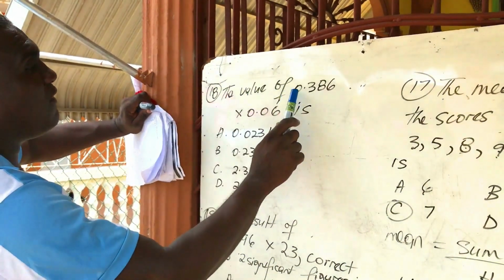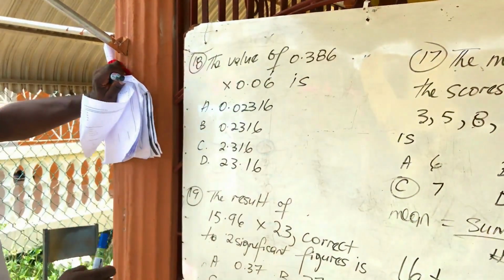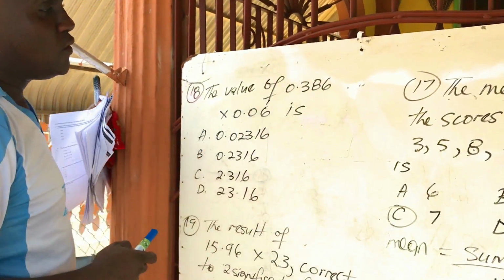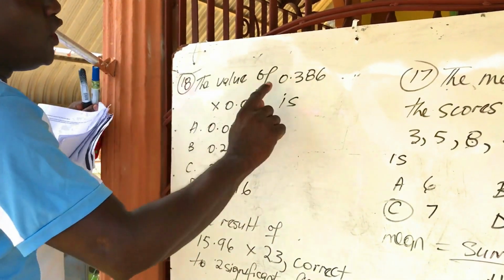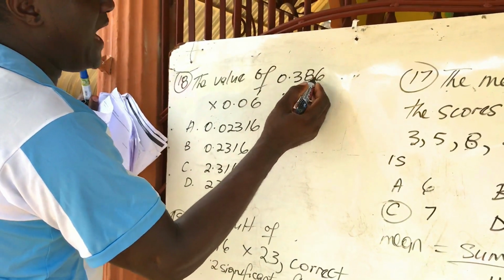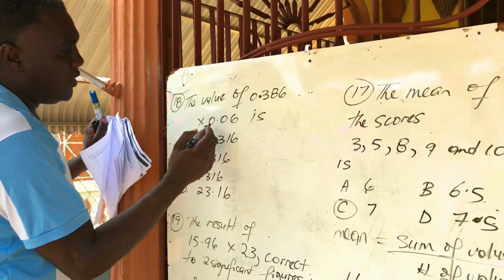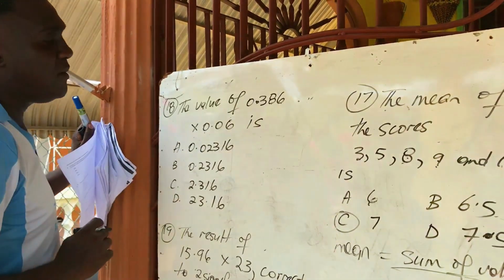Here we have the value of 0.386 times 0.06 is. Now, not everything in the multiple choice you have to work out. Now, when we look at this figure, it is expressed to 3 decimal places, meaning that there are 3 digits behind the decimal point. This figure is expressed correct to 2 decimal places, meaning that there are 2 digits behind the decimal point.